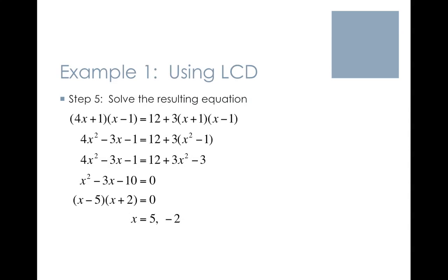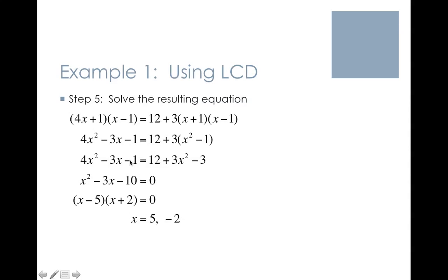With quadratics, we usually solve by getting everything on one side of the equation equal to 0 on the other side. So that's what we've done. I've subtracted the 3x² here to get x². There's no x term on the right side, so negative 3x stays as is.